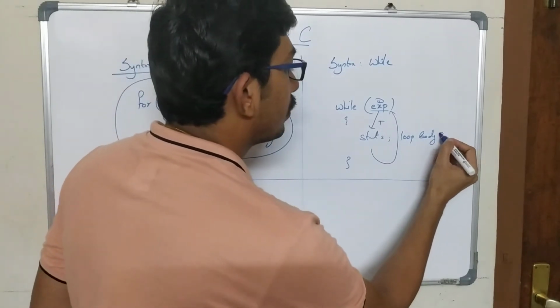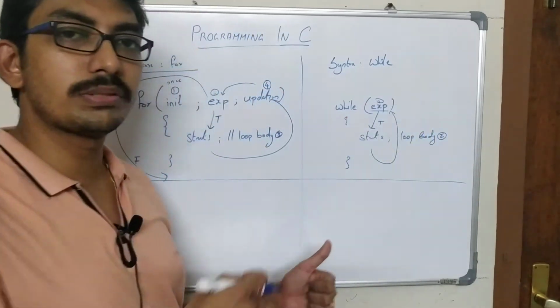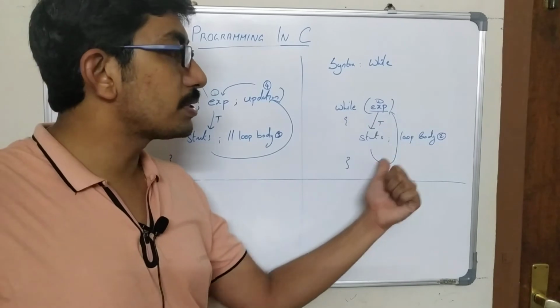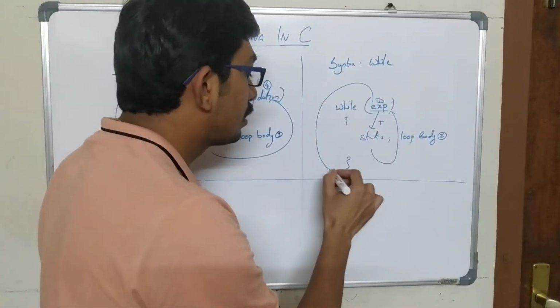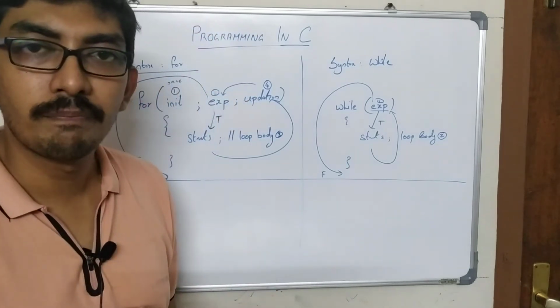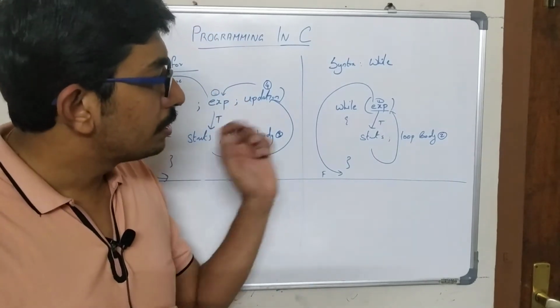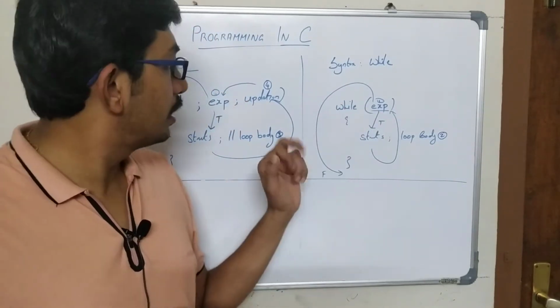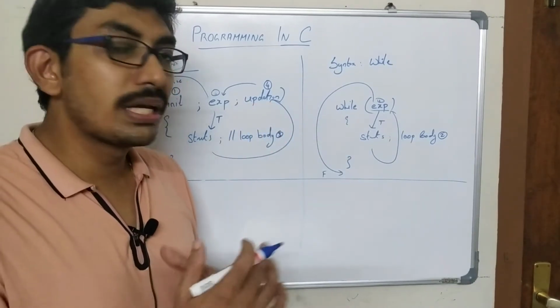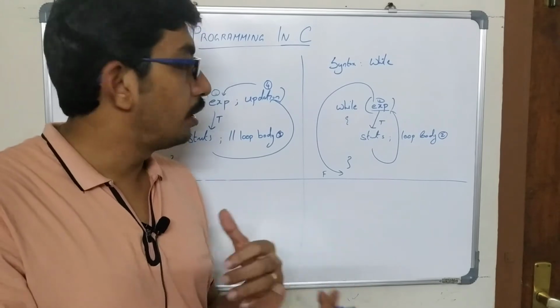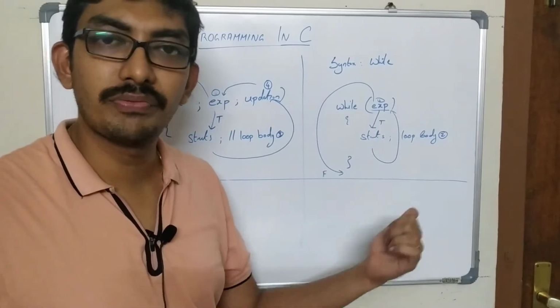So the loop body will be executed, and then control will go back to the expression. Again this process will continue until the expression becomes false. Okay, so you can see that the initialization part is missing and the updation part is missing. We can see how this is overcome, or how this still works, with the help of an example.